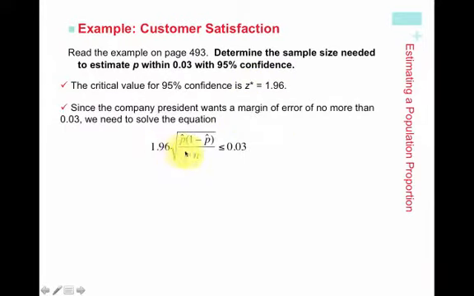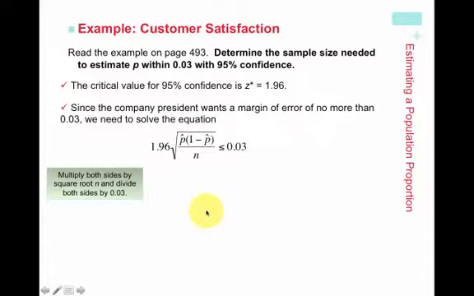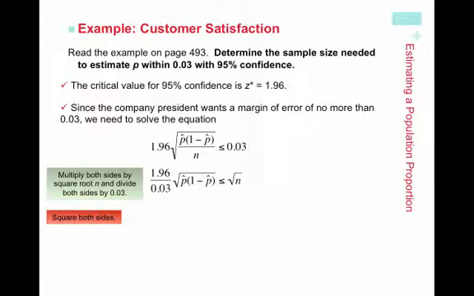So 1.96 times our standard error has to be less than or equal to 0.03. If we multiply both sides by the square root of n and then divide both sides by 0.03, we get this inequality. And worst case scenario for the margin of error will be when p hat is 0.5.